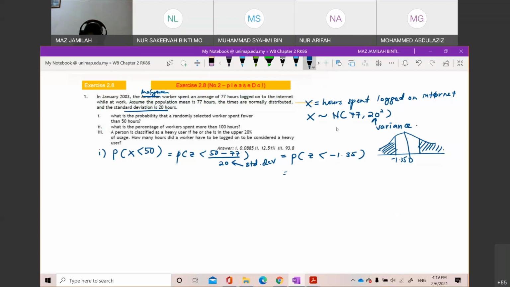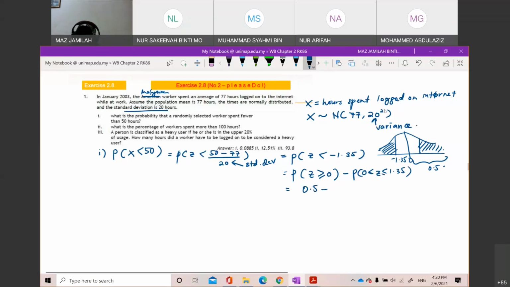So this will be P(Z ≥ 0) part, 0.5 minus P(0 < Z < 1.35). So look for 1.35, so this is 0.5 minus the area from 0 until 1.35. So what is the value?